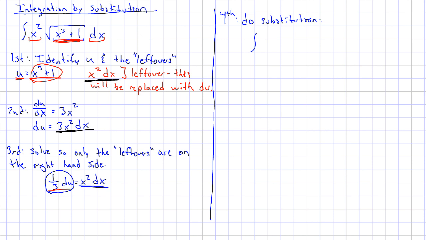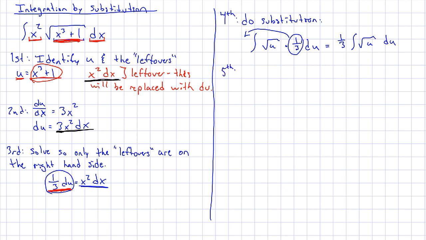And then 1/3 du is going to go in place of the x squared dx. So my new integral will be the square root of u times 1/3 du. Now remember that constants can come out front of the integral and just come along for the ride as we take our integral. So that'll be 1/3 times the square root of u du.